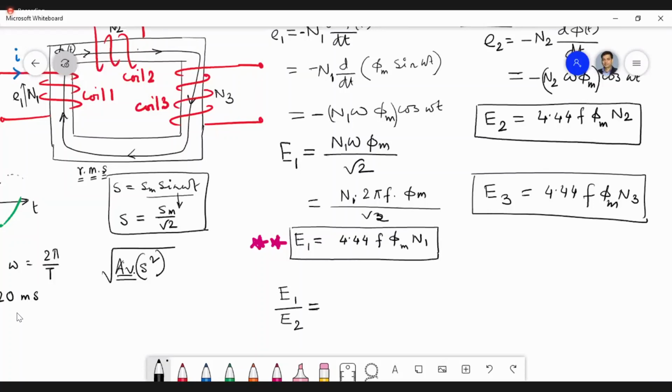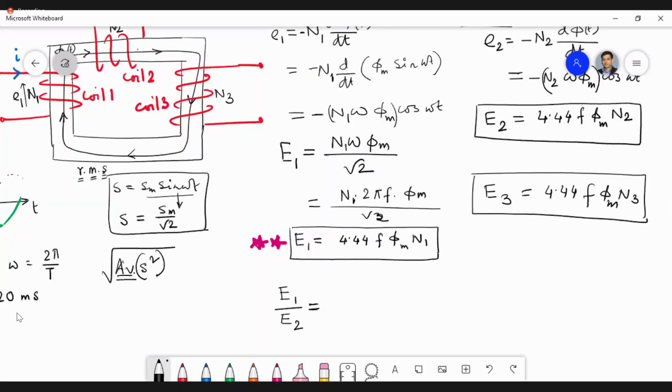No. There will be no change in flux. If the flux remains the same, distance does not matter. How much flux is linking, that does matter. Clear?